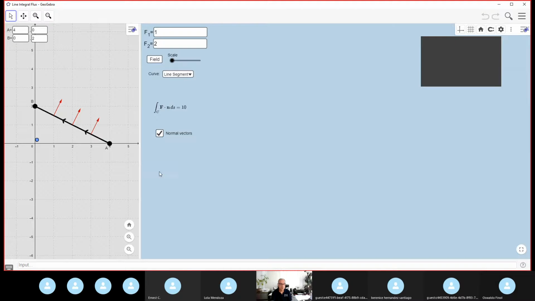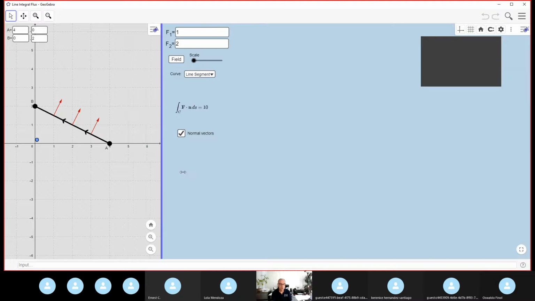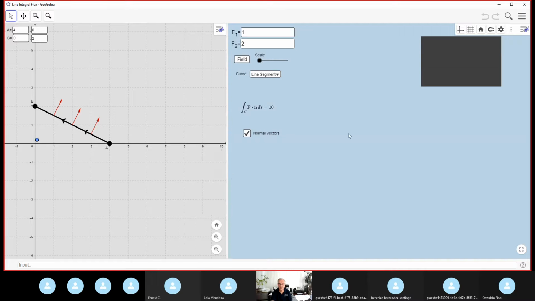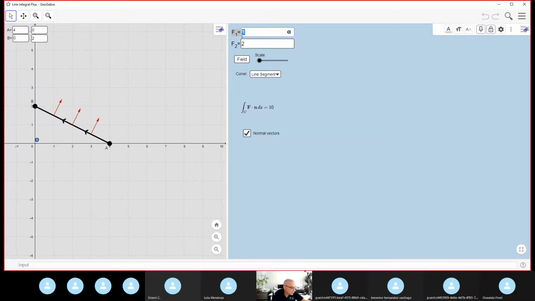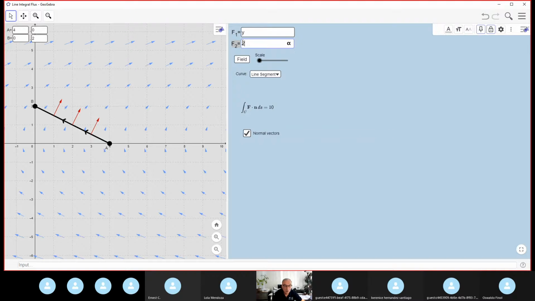Well, in this case, I have an example, but I want to modify it for the example that we have. The vector field has component y, and minus x. Cool. Minus x.